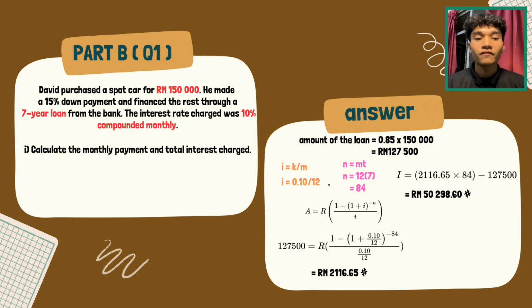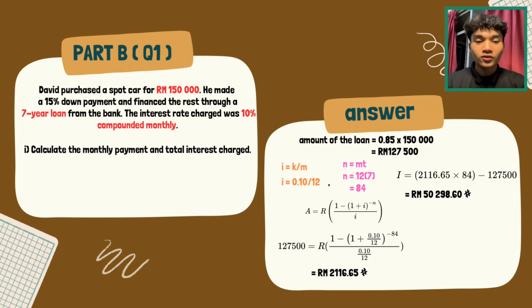First step, we need to find the amount of the loan, which is 0.85 times 150,000, and we will get 127,500. The next step is to find i by using i equals k over m. Substitute the information and we will get 0.10 over 12.